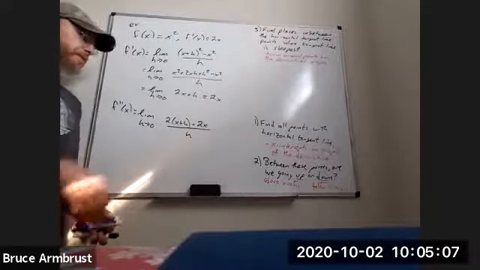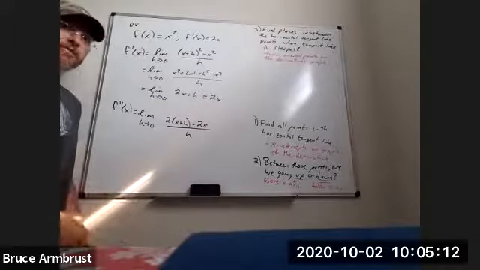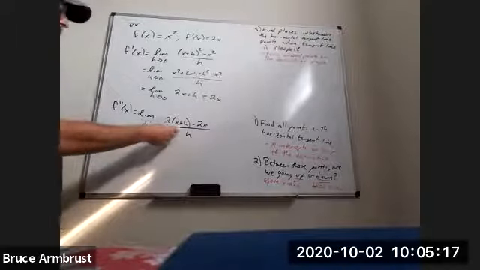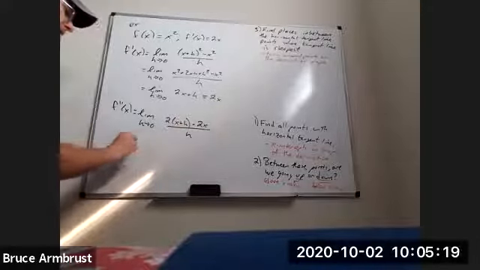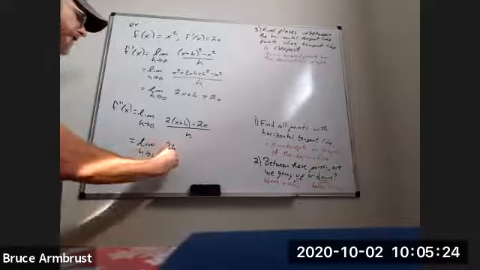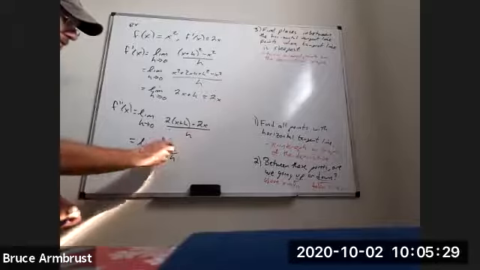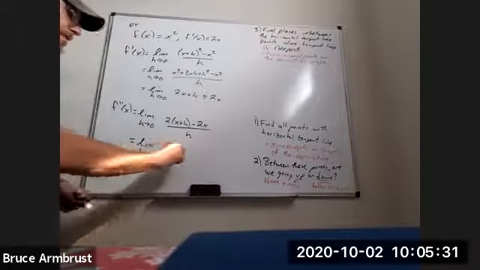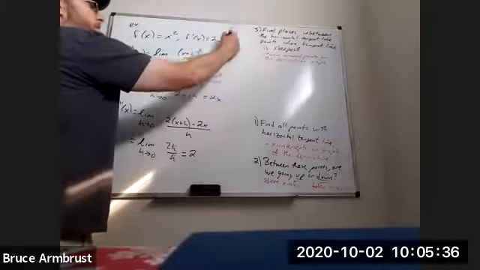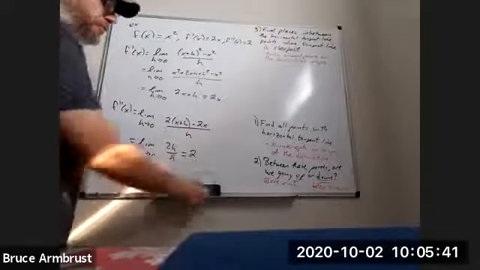Notice we're just differentiating the derivative, hence second derivative. If you distribute everything in here, you get the limit as h goes to 0 of 2h over h. Since the x's cancel, the h's reduce, so all we're left with is 2. So the second derivative of this function is 2.